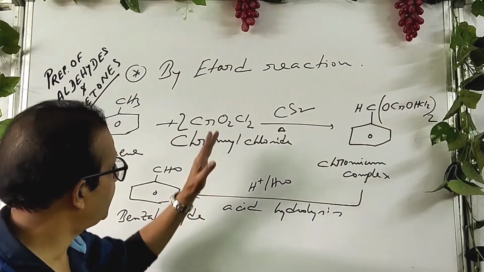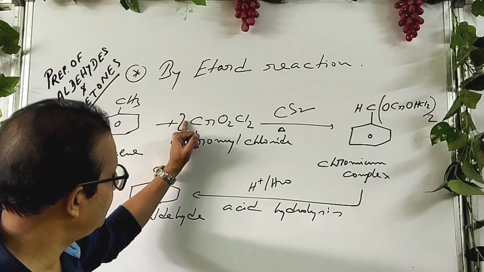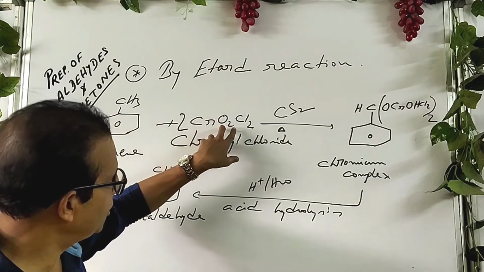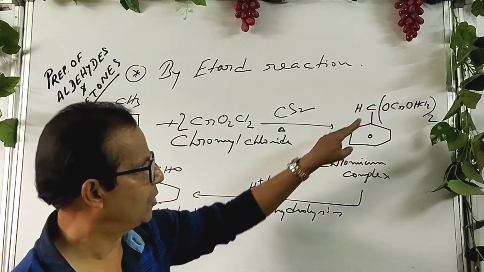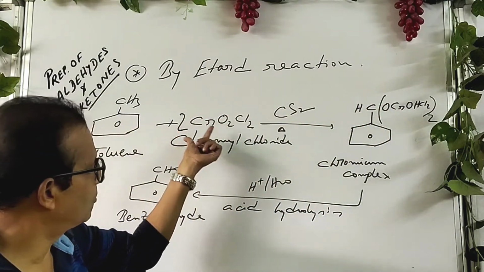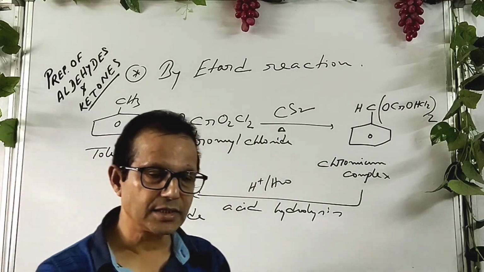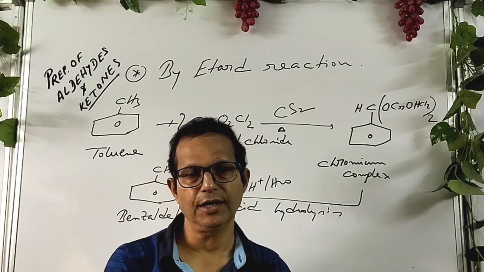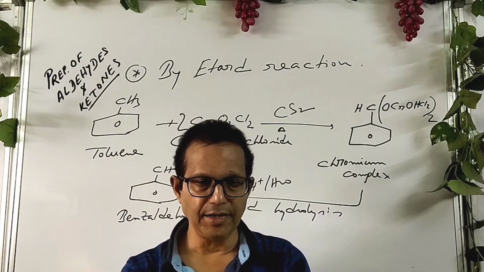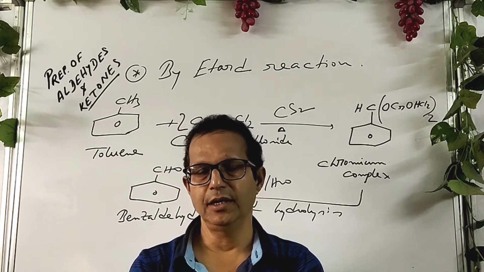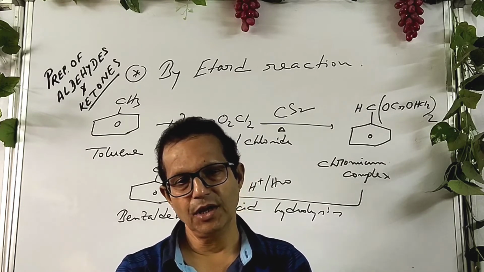Okay, what is the technique? Just shift the oxygen in front of chromium. One hydrogen atom is attached with oxygen and hold 2, because you have taken 2 molecules of chromyl chloride. Actually, do you know chromyl chloride acts as weak oxidizing agent in organic chemistry? And remember it, potassium permanganate and potassium dichromate acts as strong oxidizing agent in organic chemistry.